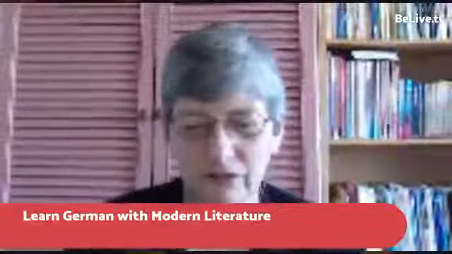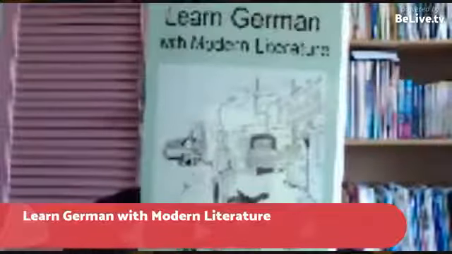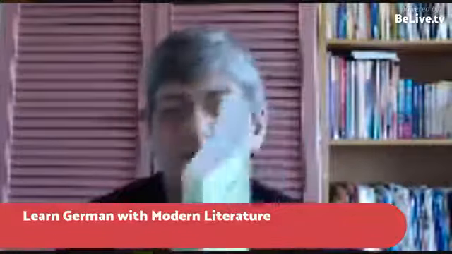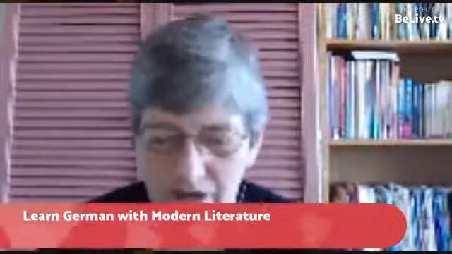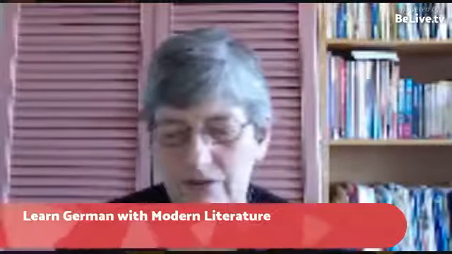Okay, well, the title Learn German with Modern Literature is actually the title of a book. And I'll show you quickly. Oh, where's the camera? There we are. That is the book. A little bit of background to the book. A German author called Matthias Drave has written a book about the time in West Berlin during the 1980s.